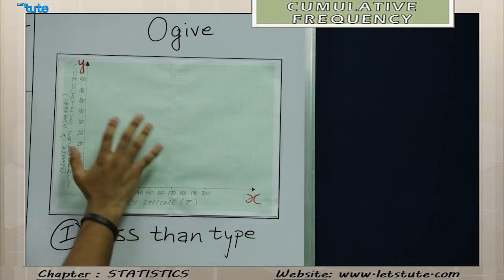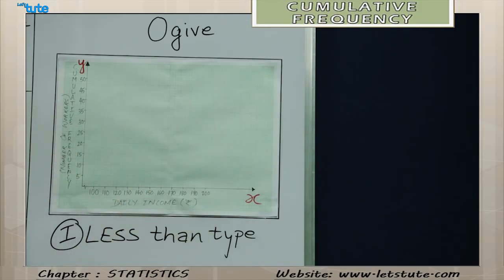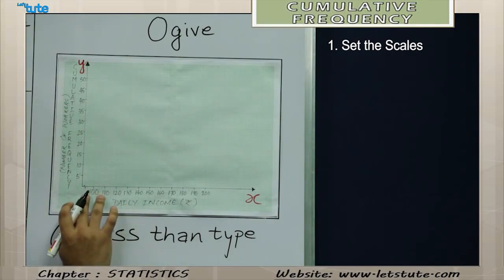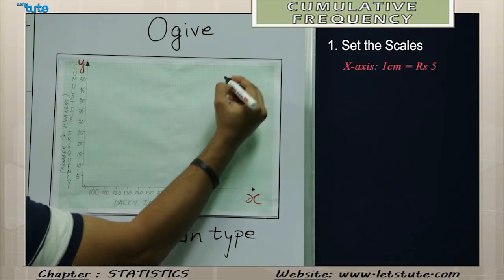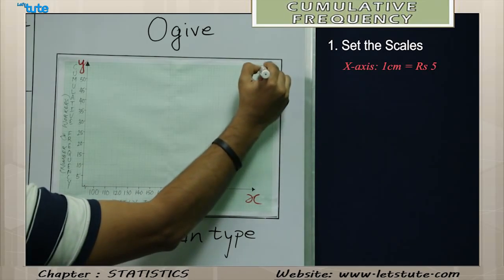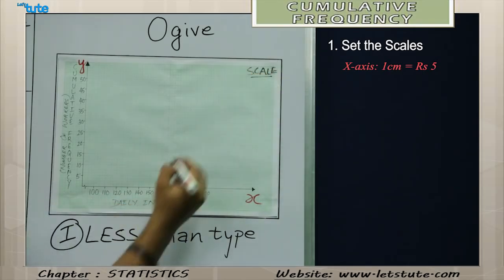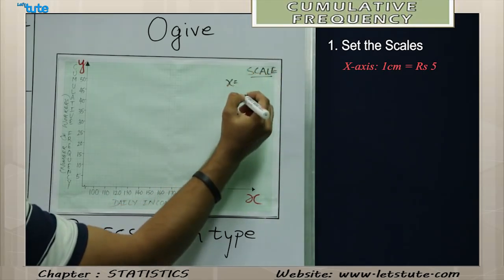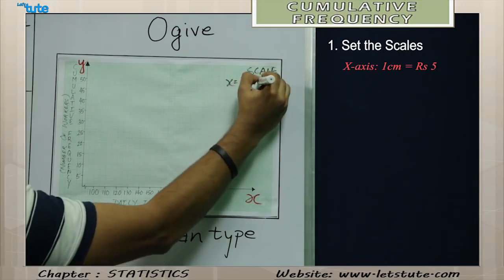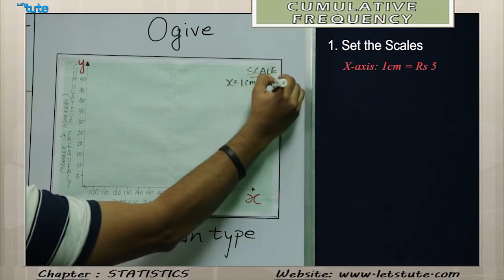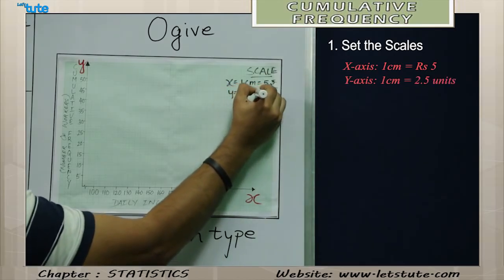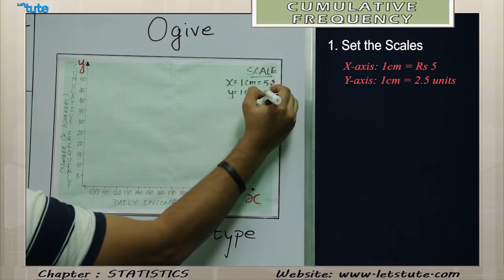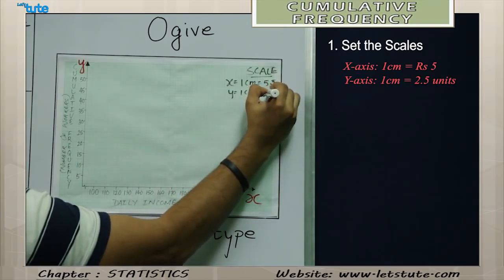Now before we start drawing the graph, we shall set the scales on the x-axis and the y-axis. For me, I have set the scale on the x-axis as 1 centimeter equal to 5 rupees. So we shall write scales first. X-axis: 1 centimeter equal to 5 rupees, and y-axis: 1 centimeter is equal to 2.5 units.